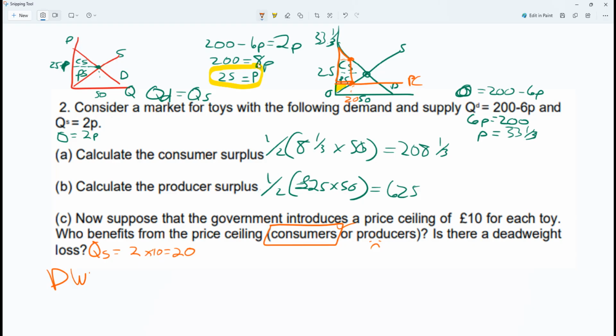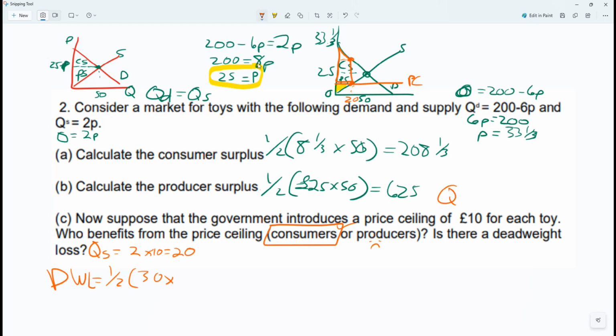So deadweight loss now is going to be 1/2 the difference between 20 and 50, which is 30 units, times, I need this number right here. So I need to plug in 20 into the demand function. That'll give me this number right here, and then I've got enough ammunition to answer the whole question.